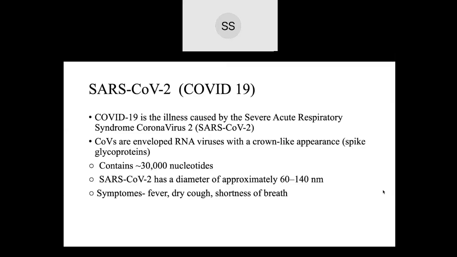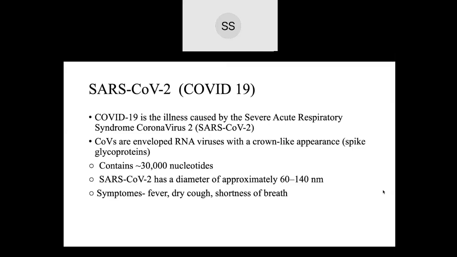Talking about SARS-CoV-2, it was first detected in 2019 in Wuhan, China, and was declared a pandemic in March 2020. SARS-CoV-2 causes a severe respiratory illness in people with a compromised immune system and with pre-existing disease conditions.